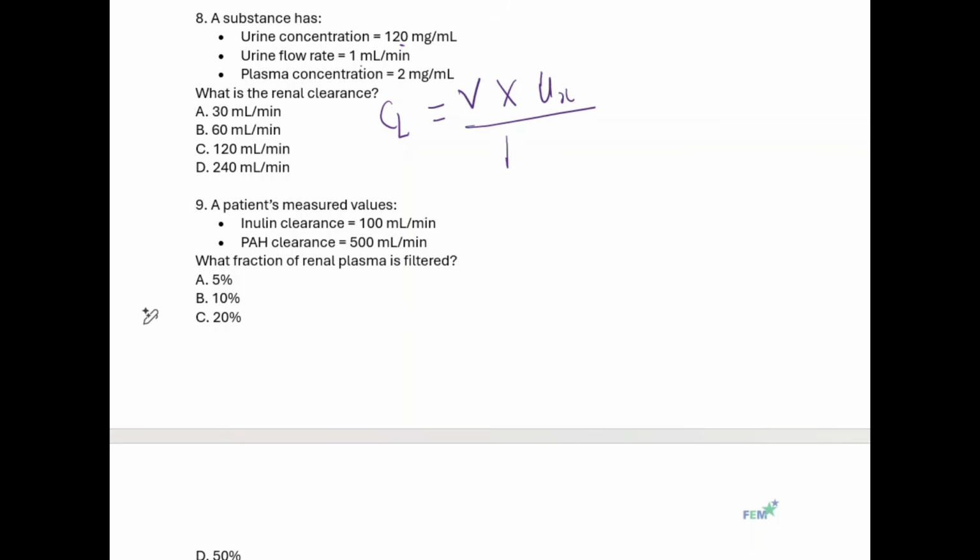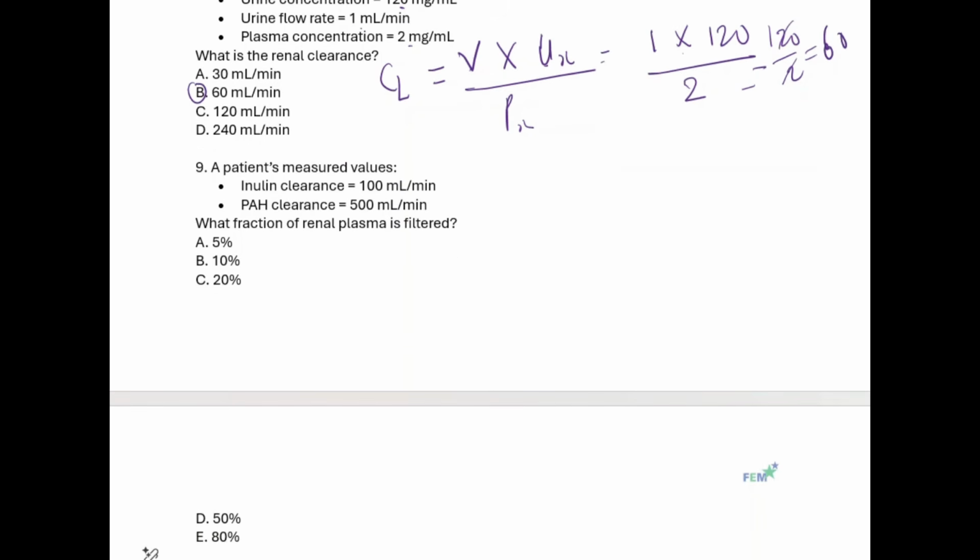Here the urine flow rate is 1, multiplied by the urine concentration of 120, divided by the plasma concentration of 2. That is 120 divided by 2, which gives us 60. So the best answer there will be B.